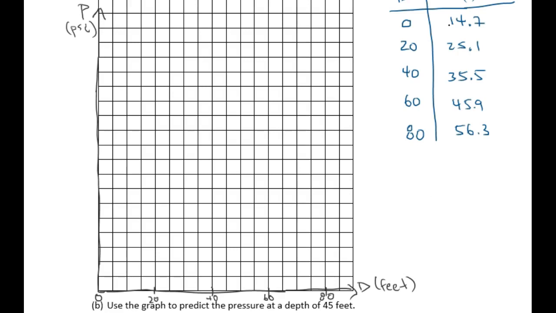And then along the top, I'm going from 14 to 56, so maybe we'll go up by 5. So 10, 20, 30, 40, 50, 60.